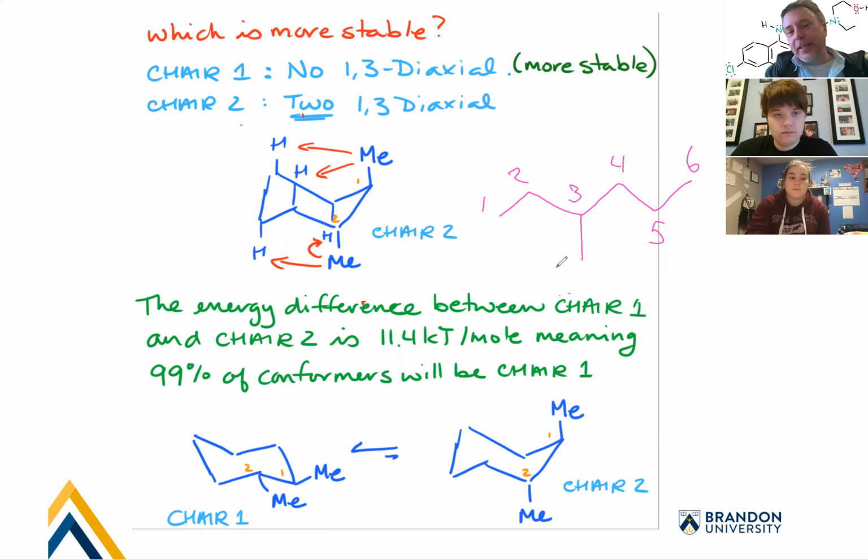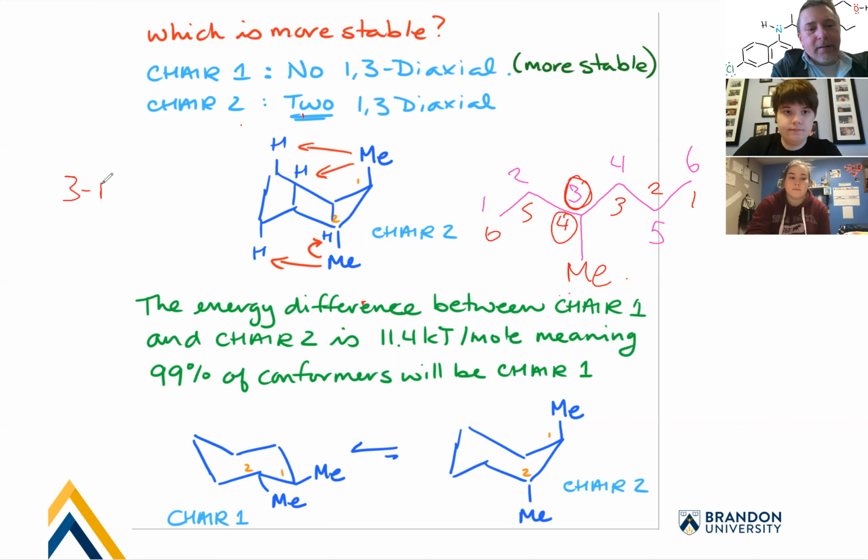So in this case, I could have numbered this the direction I did, or in the opposite direction, 1, 2, 3, 4, 5, 6. But if I number it the way I did with the pink, 3 is less than 4. So this would be, and this is a methyl group, so this would be 3-methylhexane.